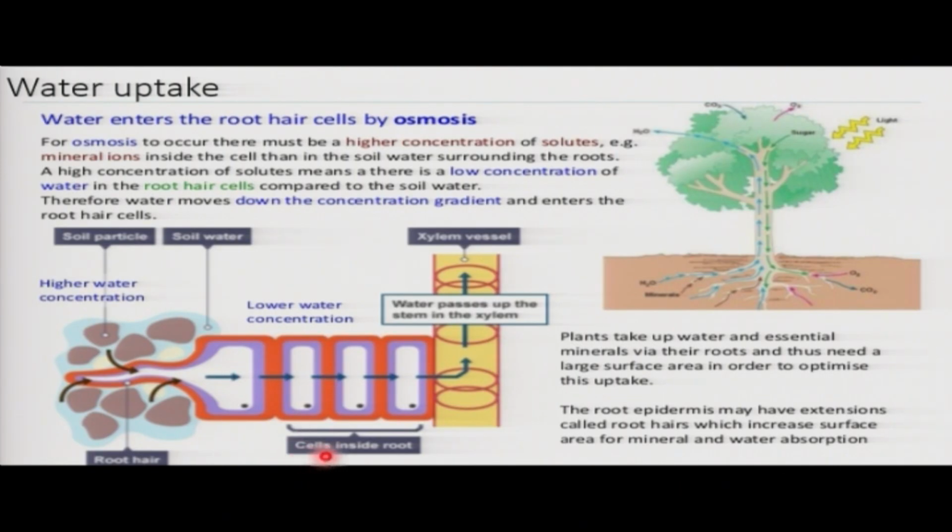So the cells in the cortex, the cells inside the root, have lower water potential than the cells on the surface of the root. So in the same way and same explanation, water will move from the epidermal cells into the cortex cells, all the way through by osmosis, following the water potential gradient until, boom, inside the xylem.